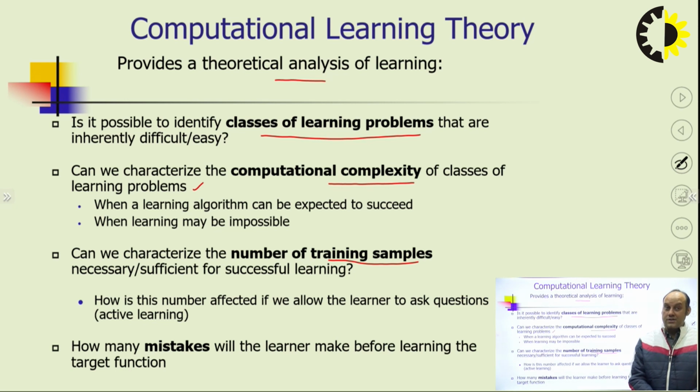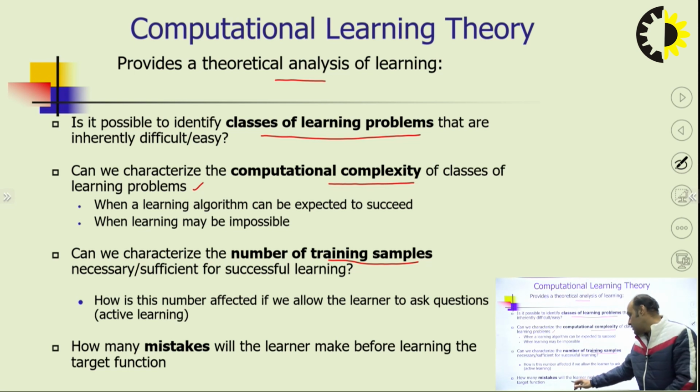So these are the questions that come to our mind while implementing a machine learning algorithm. With the help of this computational learning theory, we will answer all these questions. Okay. Several questions arise in our mind, right? So how is this number affected if we allow the learner to ask questions? That is called active learning.